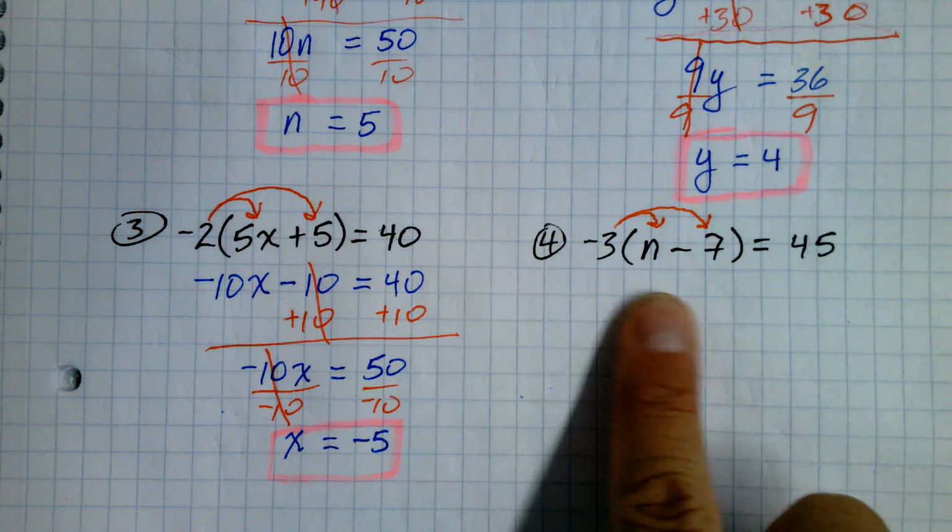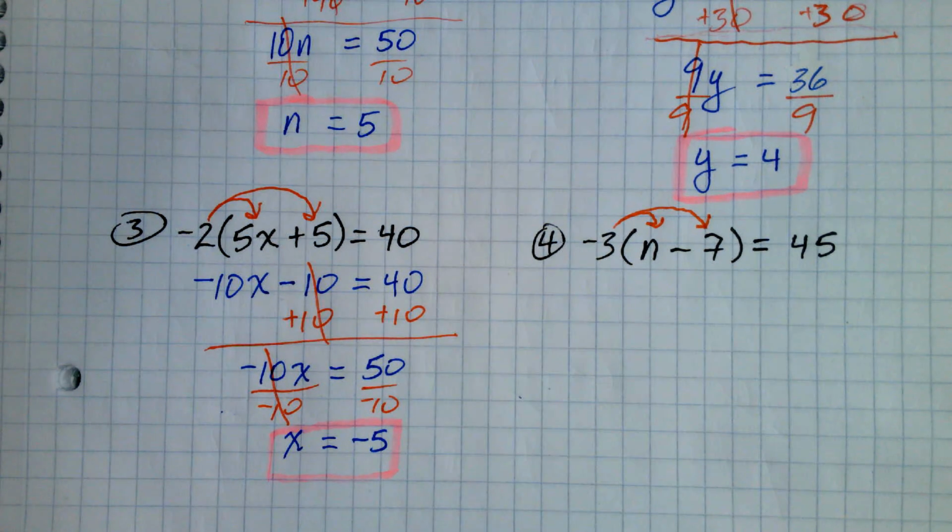So multiply negative 3 with n and negative 3 with minus 7. Remembering you're multiplying negative times a negative when you do negative 3 times minus 7. Okay, so go ahead and try that. Distribute the negative 3. So multiply negative 3 times n and negative 3 times minus 7.